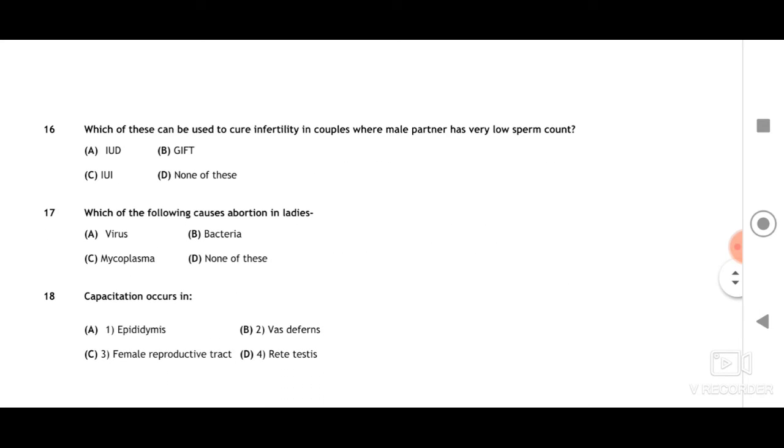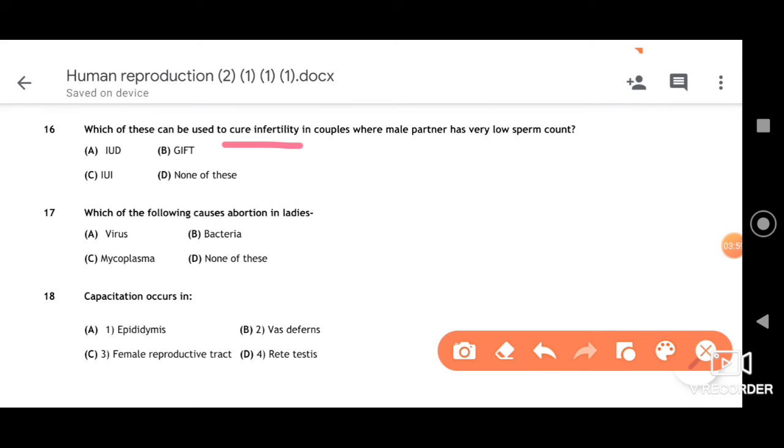Dear friends, the next question is: which of these can be used to cure infertility in couples, especially where the male partner has a low sperm count? If the sperm count is very low, the couple may not have children.